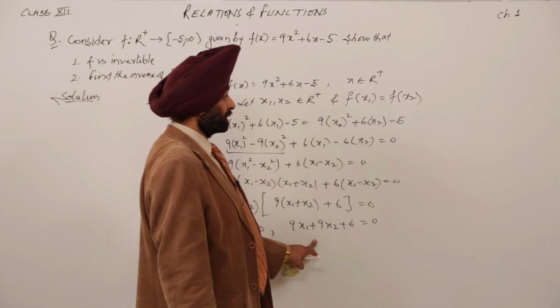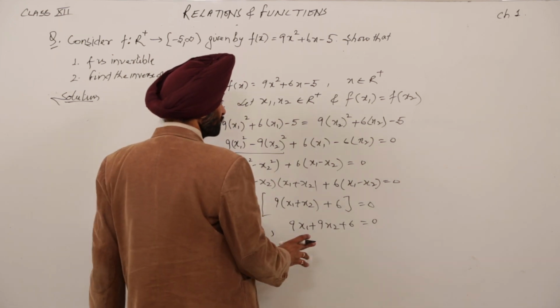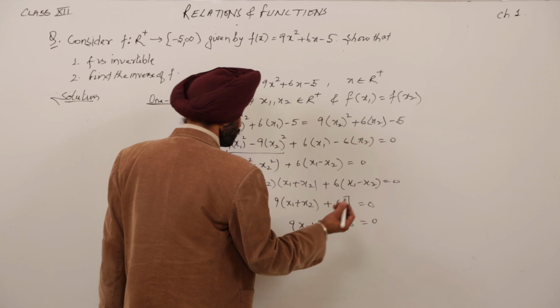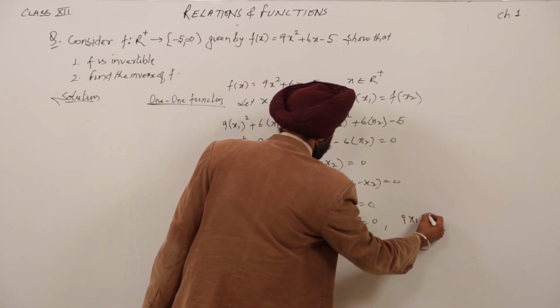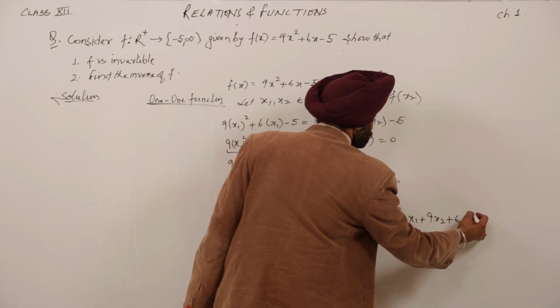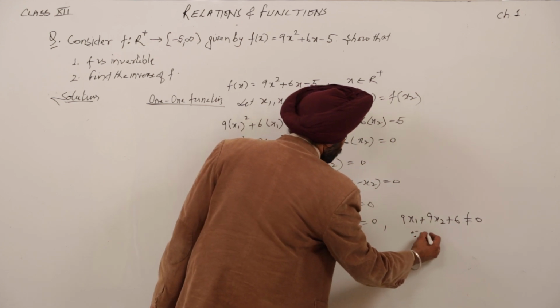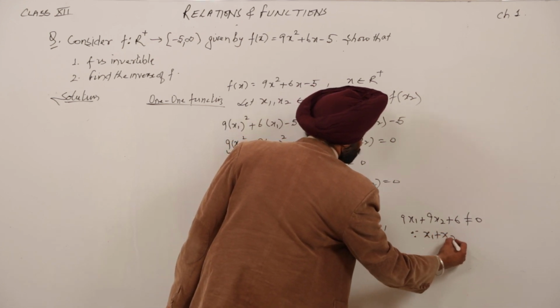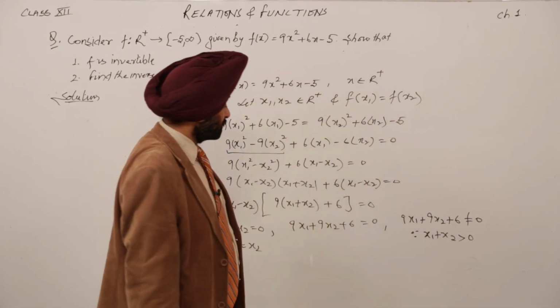Now what about this other part? If we have x1 = x2, there is one condition for the other factor: 9x1 + 9x2 + 6 is not equal to 0. Why is it not equal to 0? Because x1 + x2 is greater than 0. Why is x1 + x2 greater than 0?